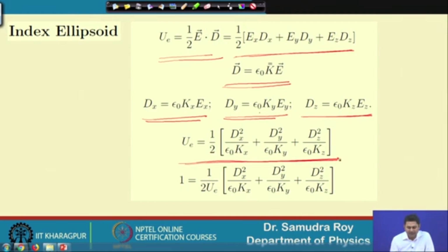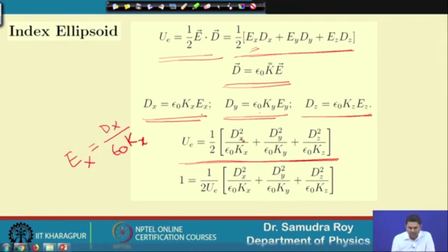Dx square divided by epsilon 0 Kx, Dy square... Just replace E. So, here Ex will be Dx divided by epsilon 0 Kx. So, Dx divided by epsilon 0 Kx is Ex. So, we will replace this here.